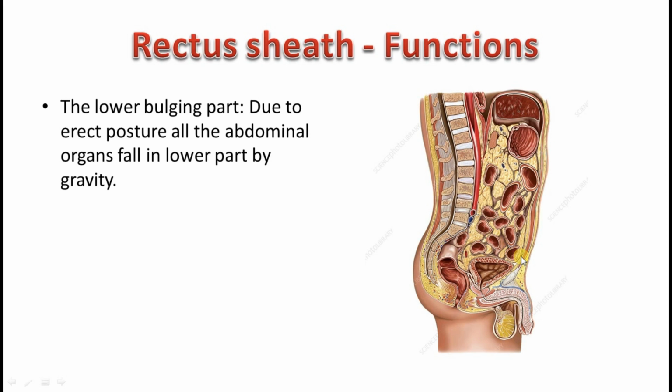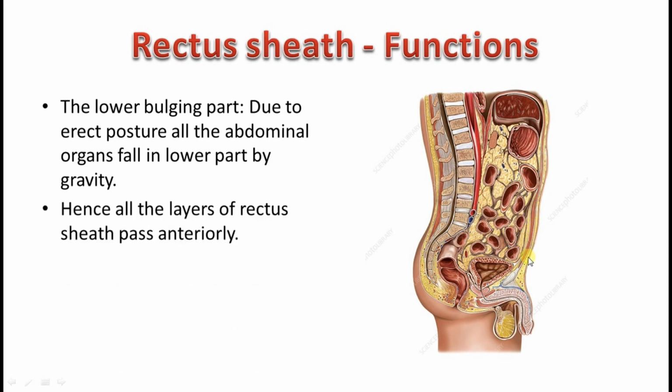So again, to prevent this, the anterior wall of the rectus sheath is thicker and reinforced by all the aponeuroses of the anterior abdominal wall muscles. That is why below the arcuate line the anterior wall is thick. All the layers of the rectus sheath pass anteriorly, and posteriorly you have only the fascia transversalis.